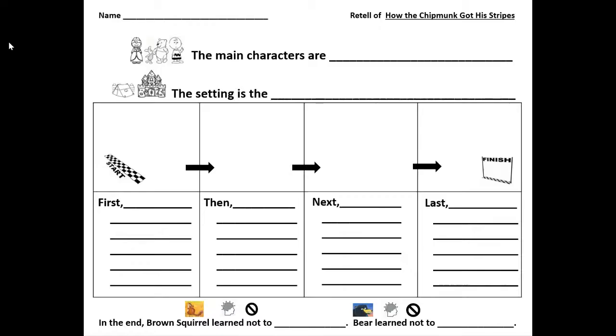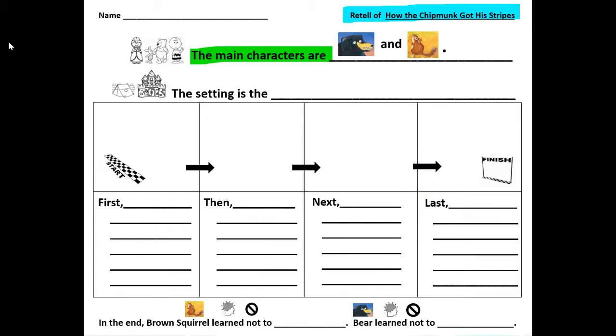All right, let's retell the story now. Retell of how Chipmunk got his stripes. Who are the main characters in the story? The main characters are Bear and Squirrel, Brown Squirrel.